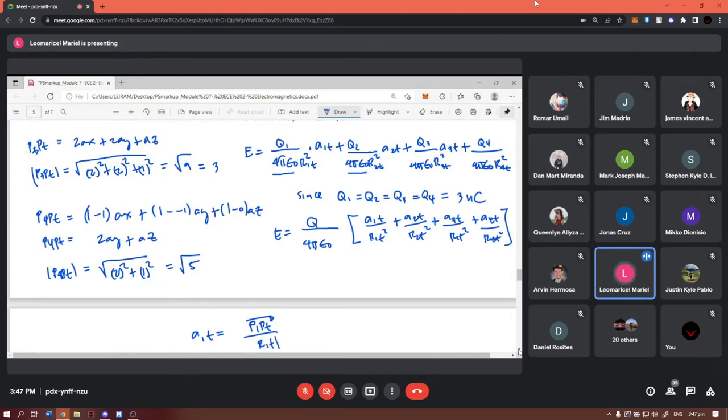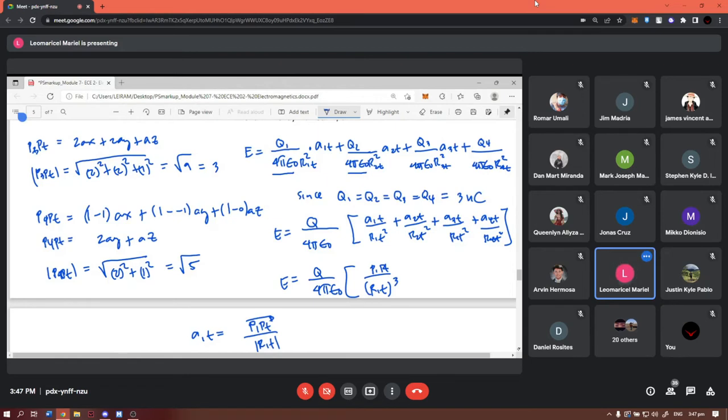Okay? Yan yung magnitude natin. Kaya, sa ating EFI, magiging formula natin dyan will be Q over 4 pi eta O multiplied by yung ating vector, let's say P1 PT over R1T magiging cube na yon.